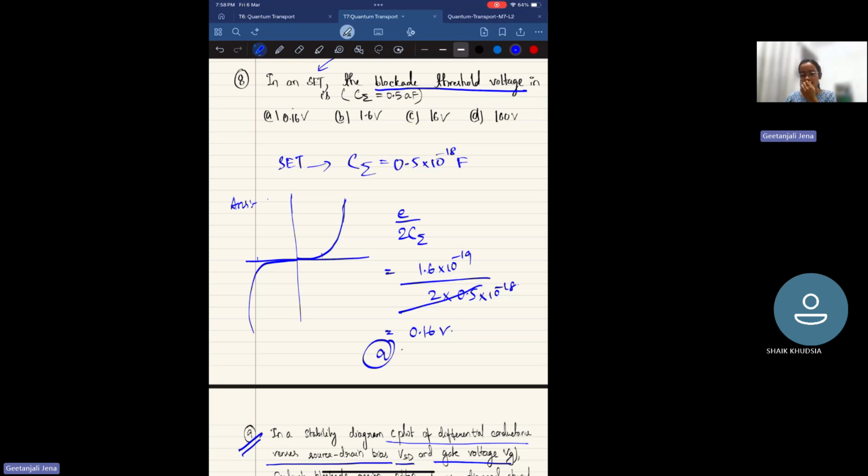Always cross check, and if you find that two of these options are correct, then you should mark both. What is already done, we can't do anything about that, but you can rectify your mistake in the next assignment. Yeah, ma'am. Okay.